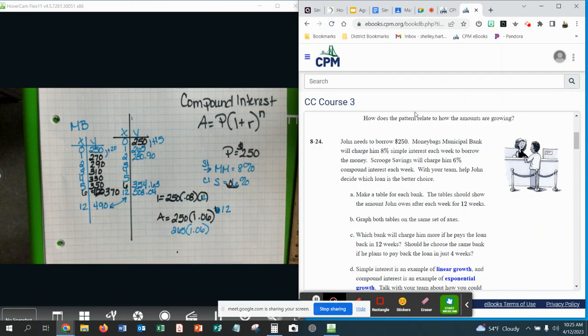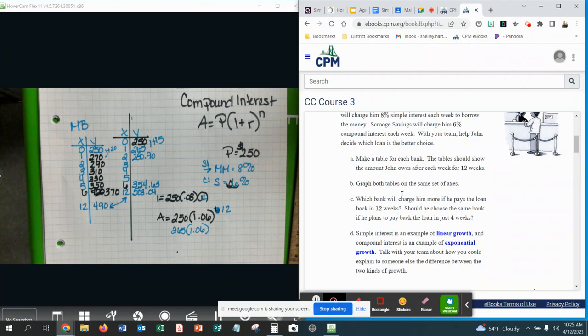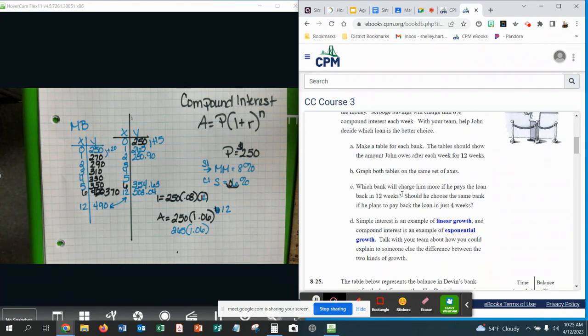Great. All right. What would you choose? Would you choose the compound interest or the simple interest? Alba, what would you choose? Okay, good. She would choose a simple one, right?